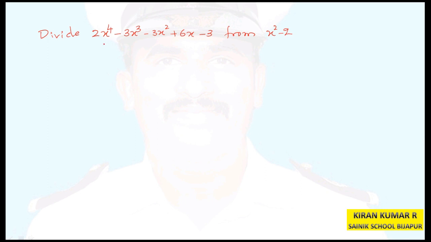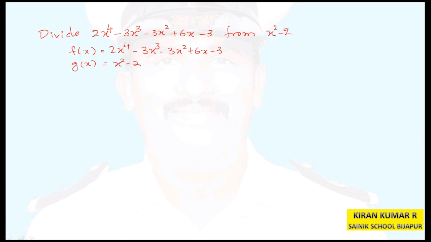Observe, this is our f of x. f of x is 2x to the power 4 minus 3x cubed minus 3x square plus 6x minus 3. And one more polynomial is g of x, which is x square minus 2.